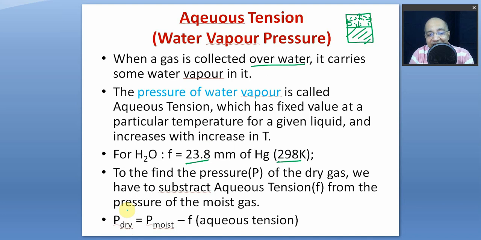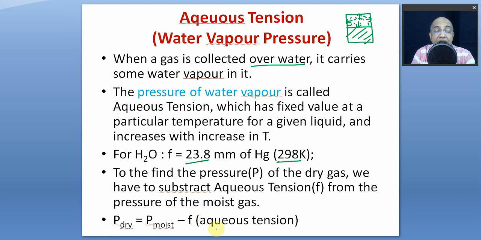For example, the pressure of the dry gas is equal to the pressure of the moist gas, that is the pressure of dry gas plus the water vapor pressure, called aqueous tension, the vapor pressure of that liquid plus dry gas. So it is P moist minus the aqueous tension.